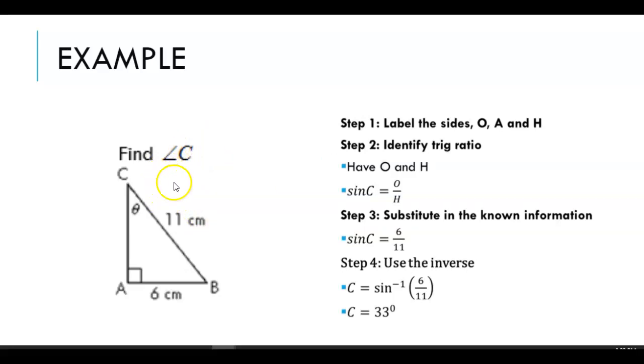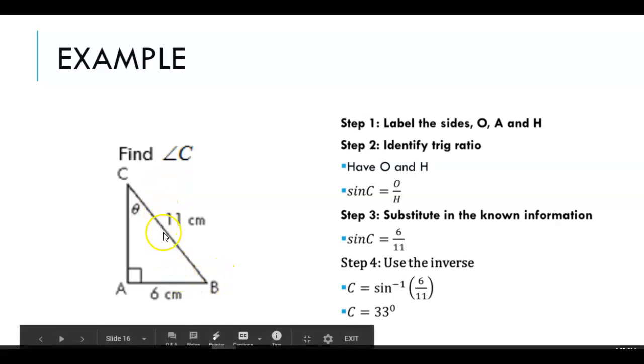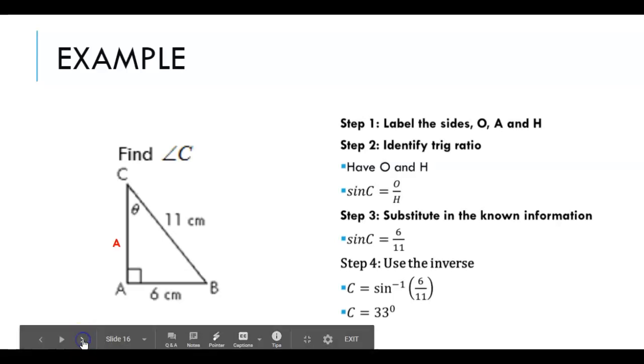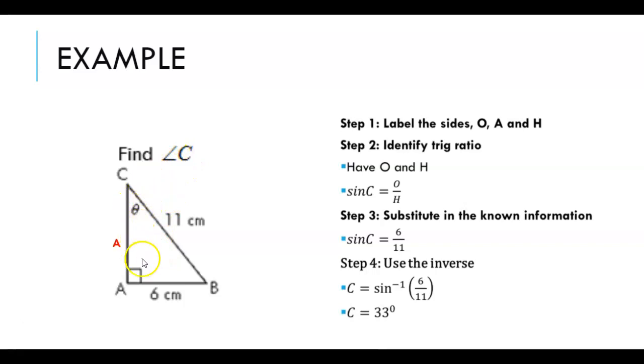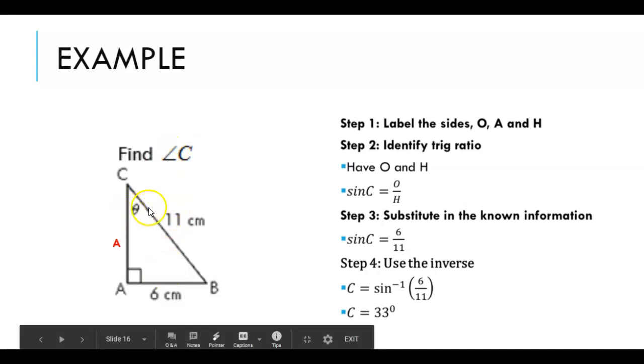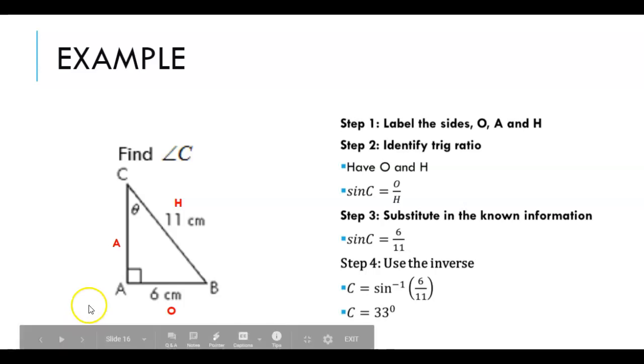We have triangle ABC and we are asked to solve for angle C. Okay, so the very first thing that we're going to do is label this triangle as opposite, adjacent, and hypotenuse. So for angle C, side AC is the adjacent, opposite is side AB, and the hypotenuse is side BC.